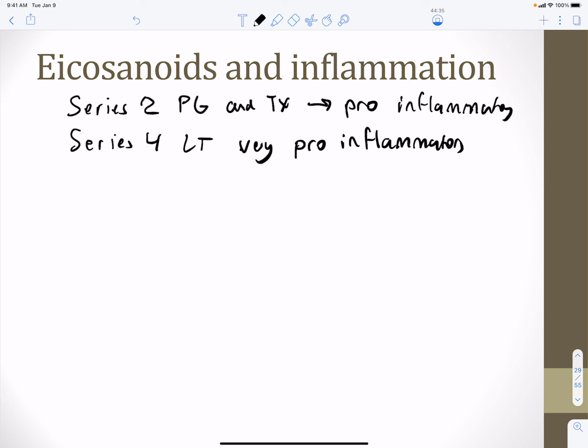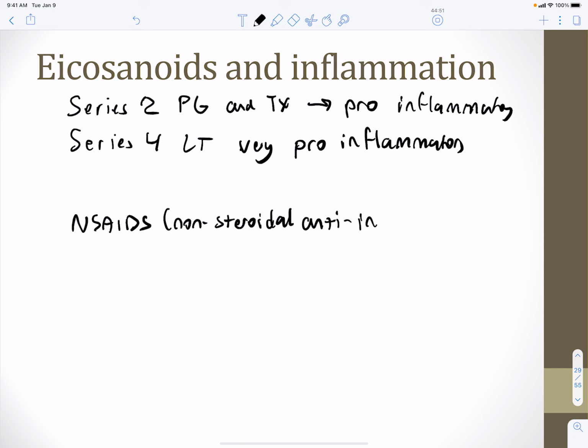So there are non-steroidal anti-inflammatory drugs, or NSAIDs. And these are going to target both cyclooxygenase 1 and cyclooxygenase 2.